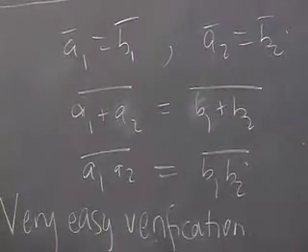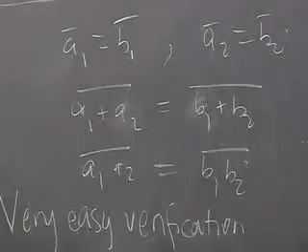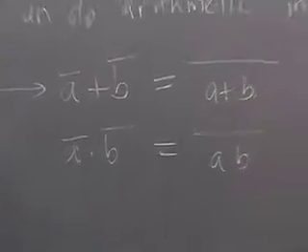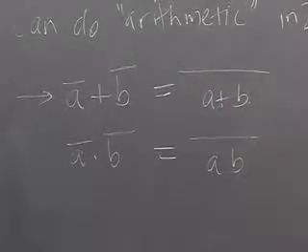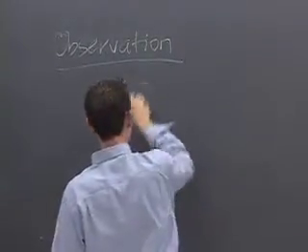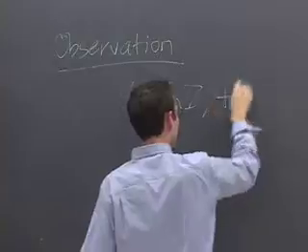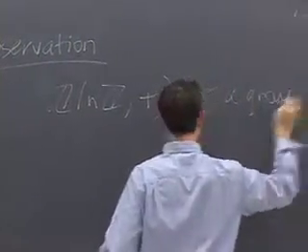But the first critical observation here is that this addition law makes Z mod NZ into a group. Well, why?